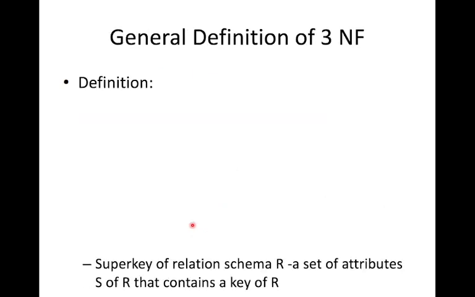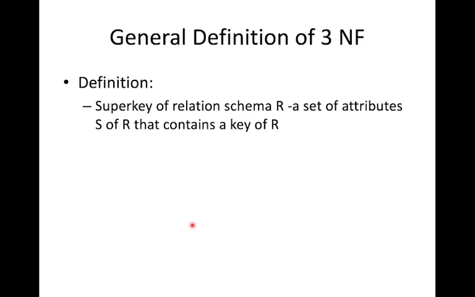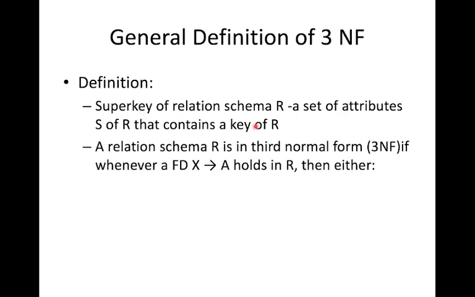Now we will see the general definition of third normal form. Before that, we have to define what a superkey of relation R is. It is a set of attributes S of R that contains a key of R. We have already seen the superkey definition.